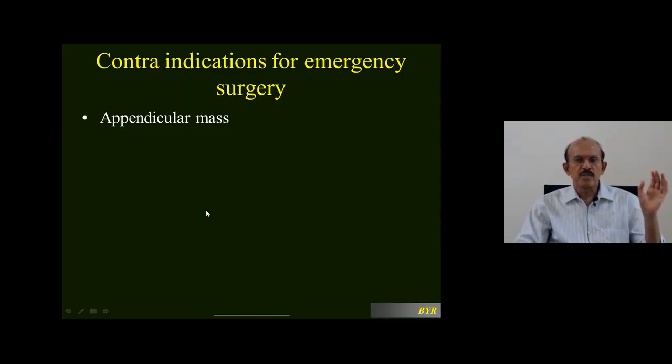First there is localized peritonitis, later there is spreading generalized peritonitis. So why is emergency surgery contraindicated when an appendicular mass has formed? Because the inflammation and infection are localized in the right iliac fossa.